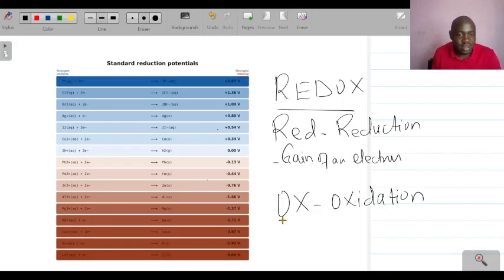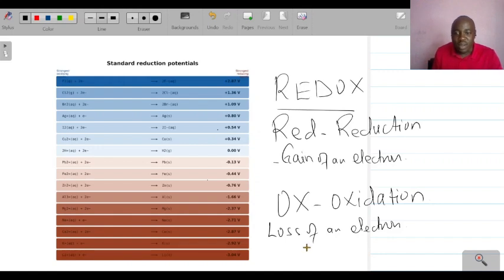So any substance that is going to gain an electron, then we are going to conclude that substance has undergone reduction. On the other hand, we shall define oxidation as the loss of an electron. So in chemistry, if a substance loses an electron, then we say it has undergone oxidation.